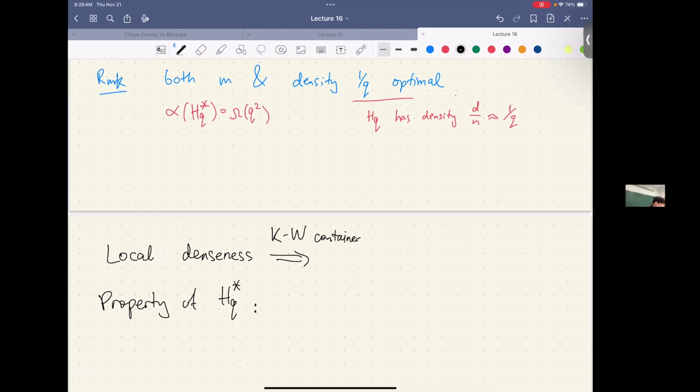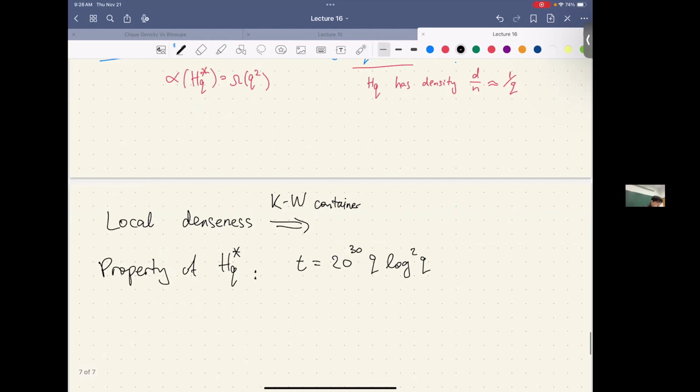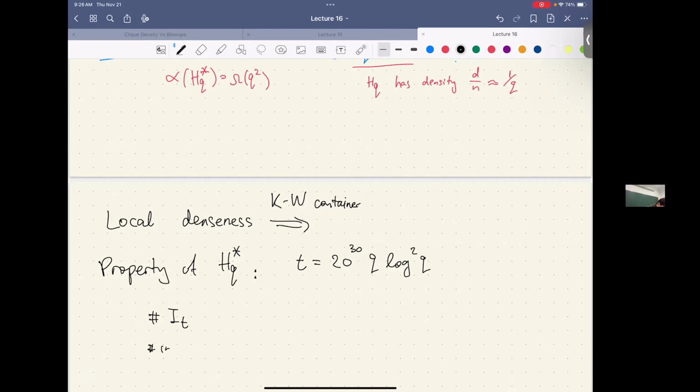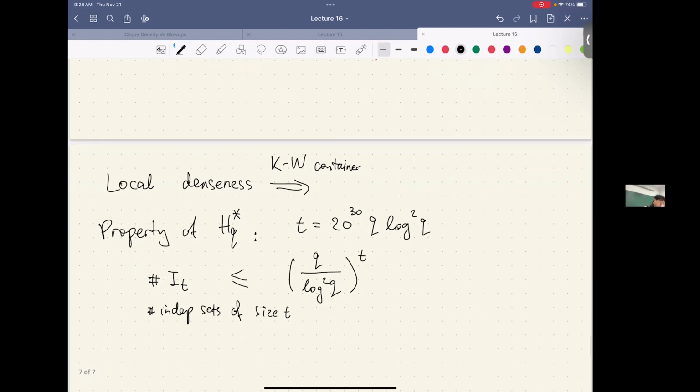The property is that if we set T to be roughly Q log Q squared, then the number of independent sets of size T is at most Q over log Q squared to the T. Okay?